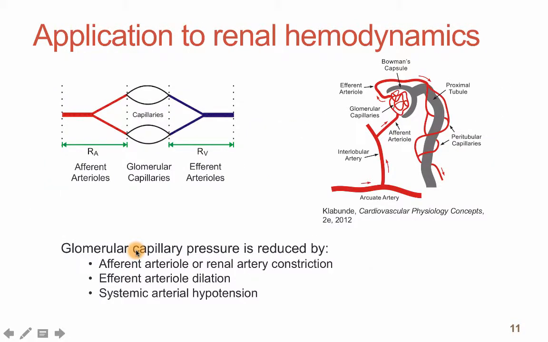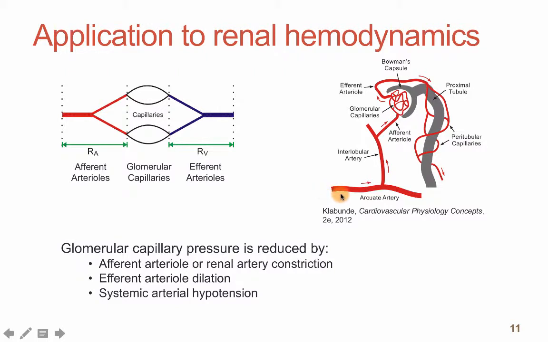Let's apply this now to renal hemodynamics, because I think that this principle of pre- and post-capillary regulation of capillary pressure is very well illustrated in the kidney. This is our model system that we saw in the previous slide, and this is a cartoon figure looking at the vascular anatomy of the kidney.